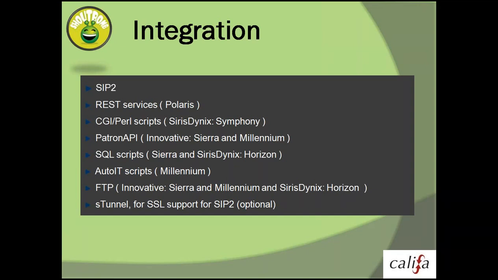And last but not least is an optional service that we have developed which allows us to protect the SIP2 communication between our service and the library. Currently, most ILS providers that we work with don't provide a secure way to communicate with their SIP2 server. With S-Tunnel, we're able to secure that communication as well.